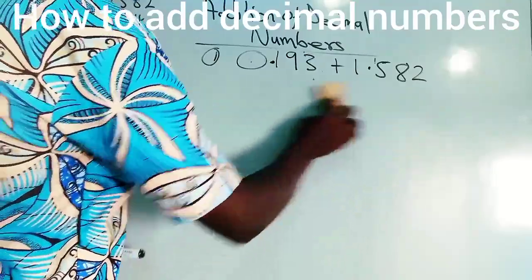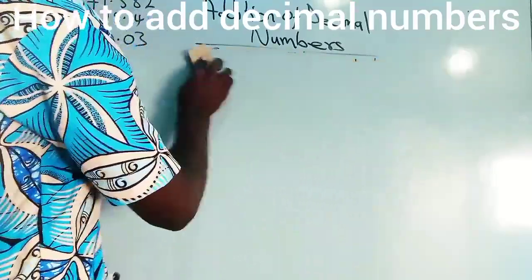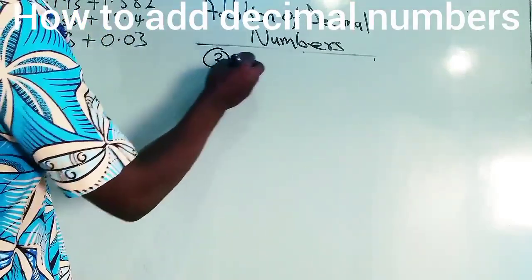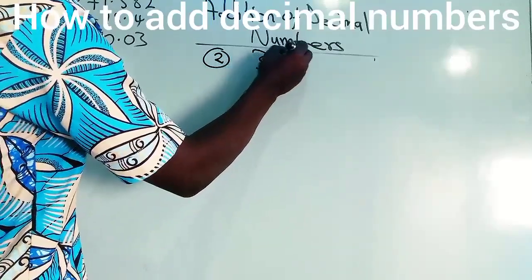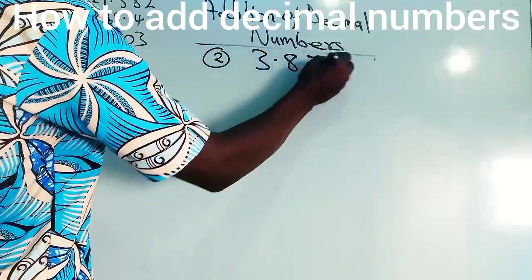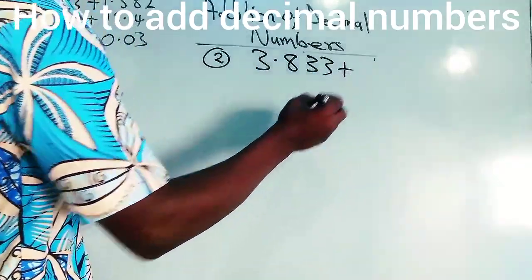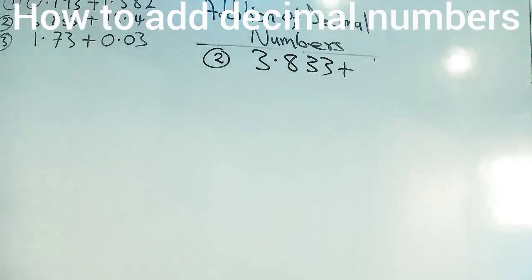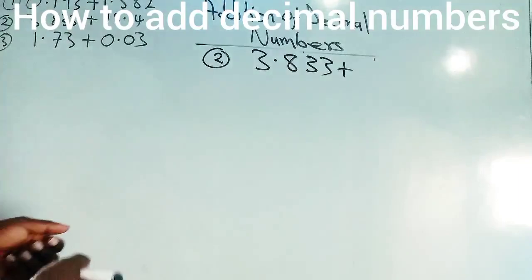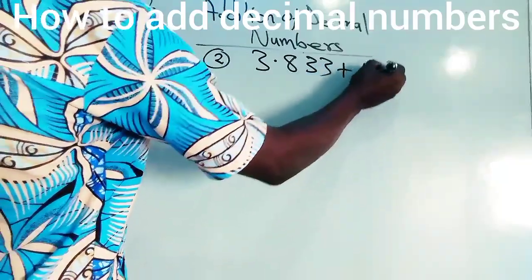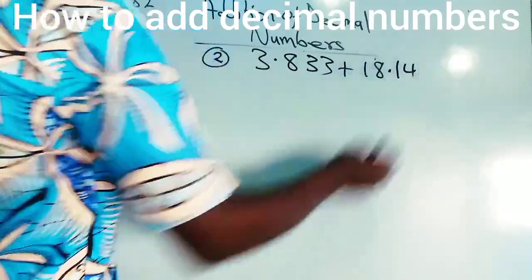Let's look at example number 2. If you get the first one correctly, please comment it in the comment section below. The second one, we have 3.833 plus 18.14.